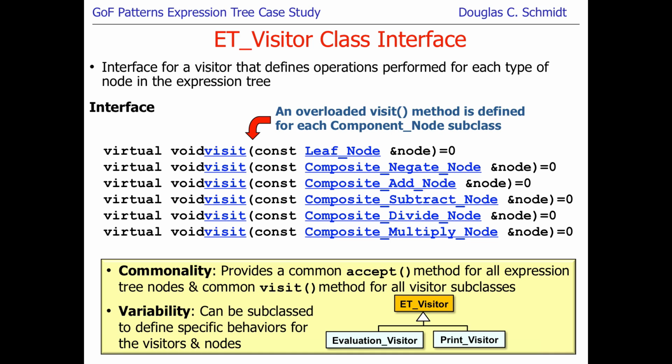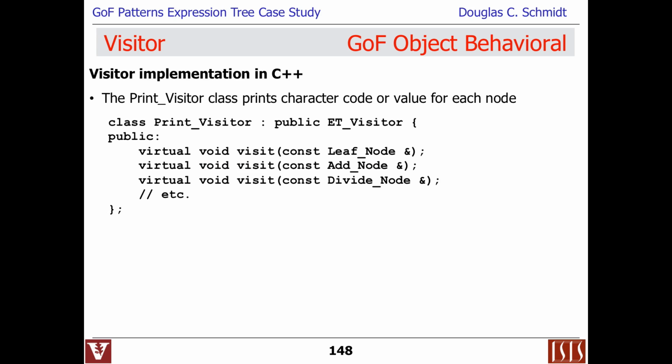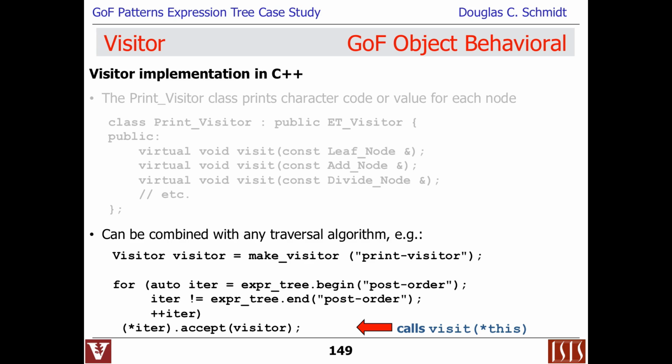So that means it has some things in common. It's got a bunch of virtual methods. It's got visit for all the different kinds of composite nodes and other kinds of component nodes. Evaluation visitor is one subclass. Print visitor is another subclass. Whenever you have something that's a subclass of a base class, then you can make an instance of the subclass, and you can always pass a pointer or reference to that instance to a pointer or reference to an instance of the base, or use it in the context of an instance of a base class.